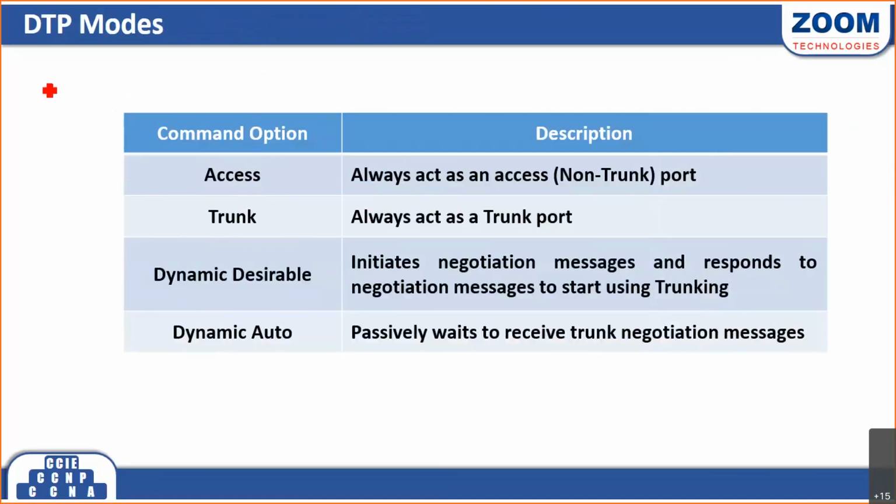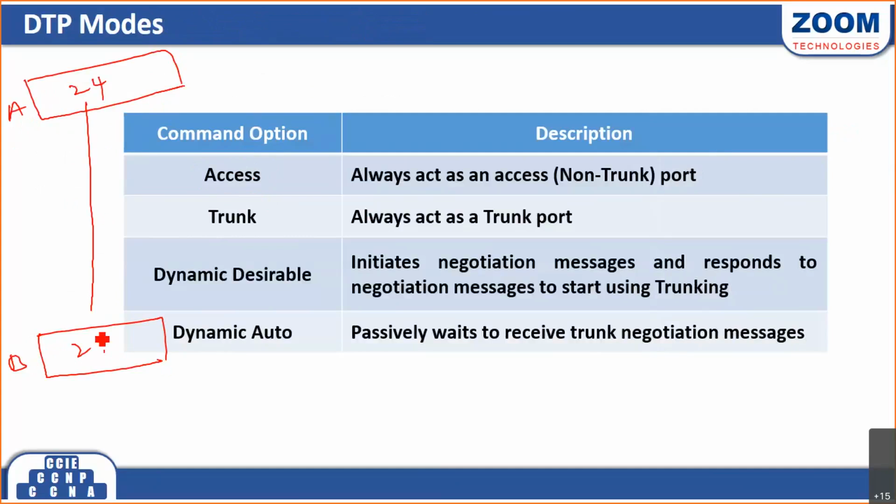See, we have connected a link. Switch A and switch B. Switch A port number 24 and switch B port number 24 are connected, right? Example, switch A port number 24 is an access port. Then port number 24 always acts as an access port, which is a non-trunk.